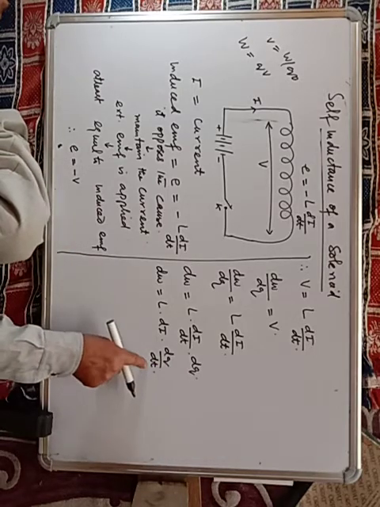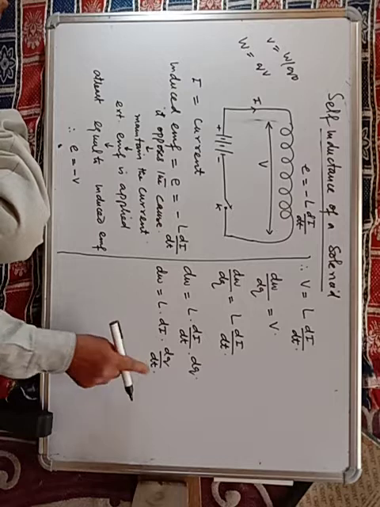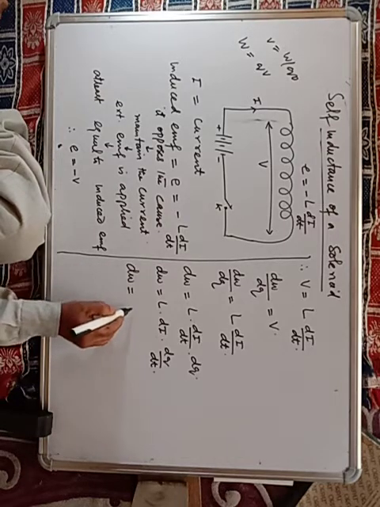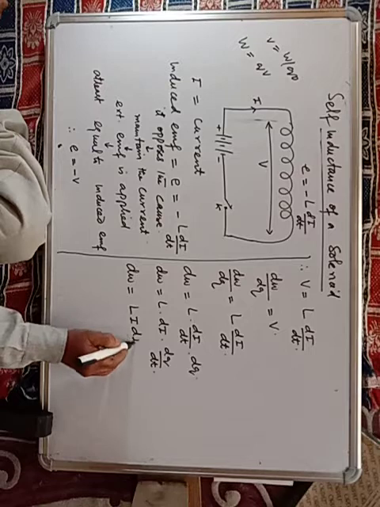Again dq divided by dt is current, so dW is equal to Li di.